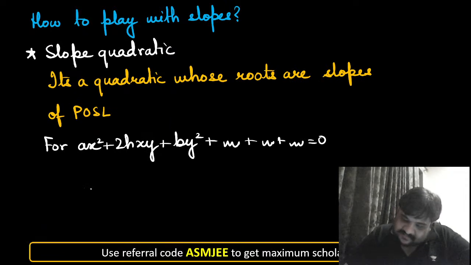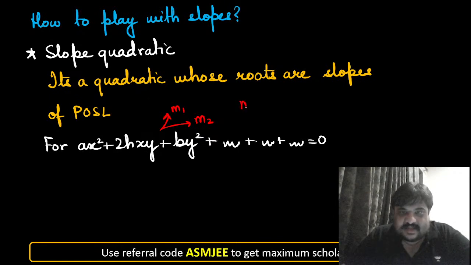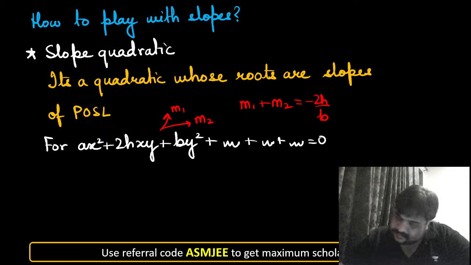If the slopes are m1 and m2, do you understand this? M1 plus M2 is minus 2h by b. And M1 M2 is a by b.